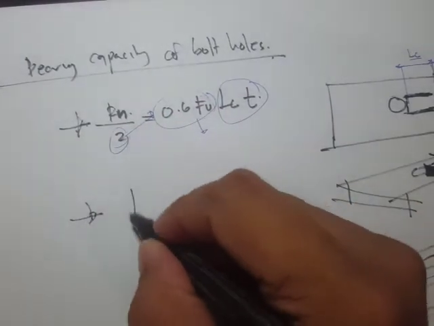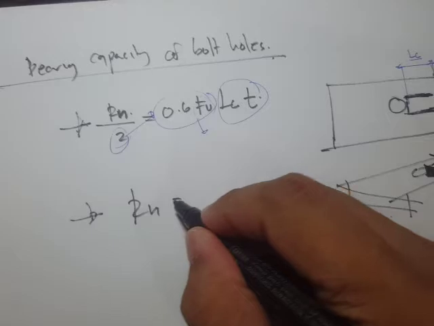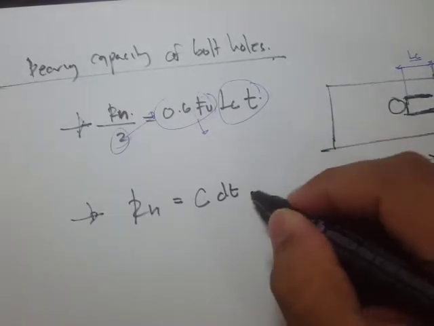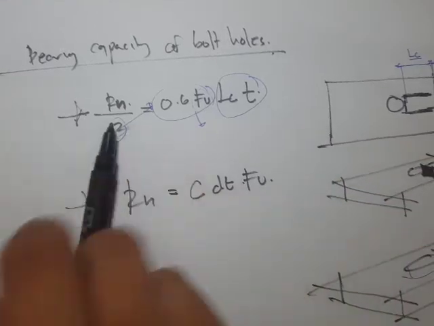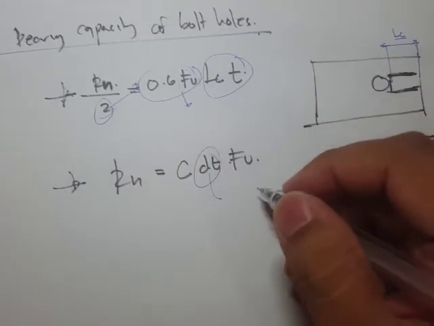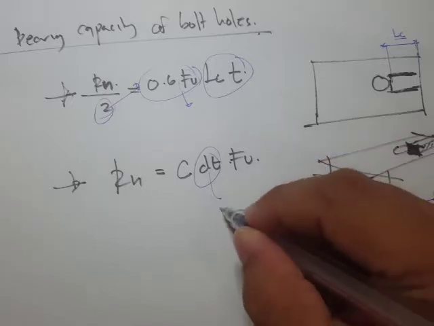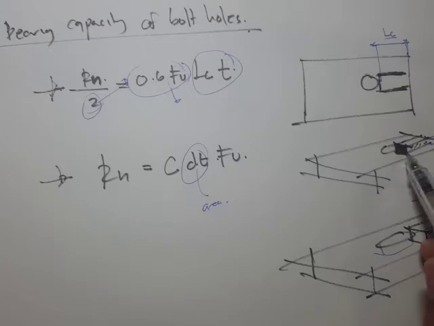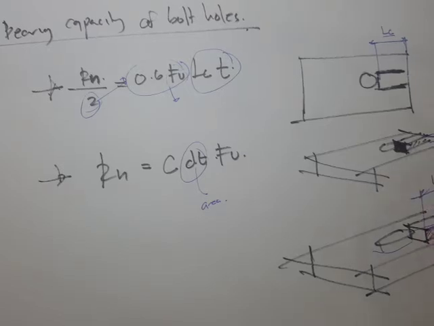Another equation is given by this: Rn is equal to C, so some constant, times d times Fu. Now, this one is the area, but that's going to be the projected bearing area.